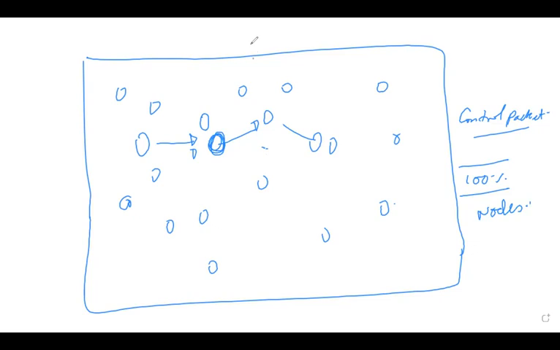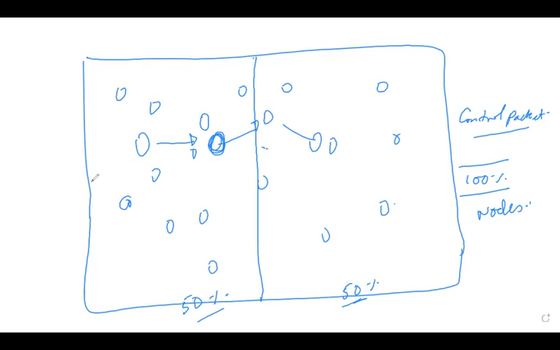So if we divide this network into equal parts, we only forward our flooding request in 50% region of the network, and 50% of the nodes, or even less, will utilize their energy and resources to find the destination node.